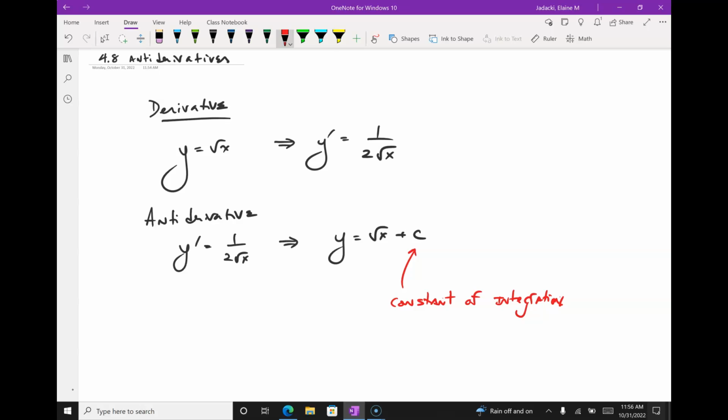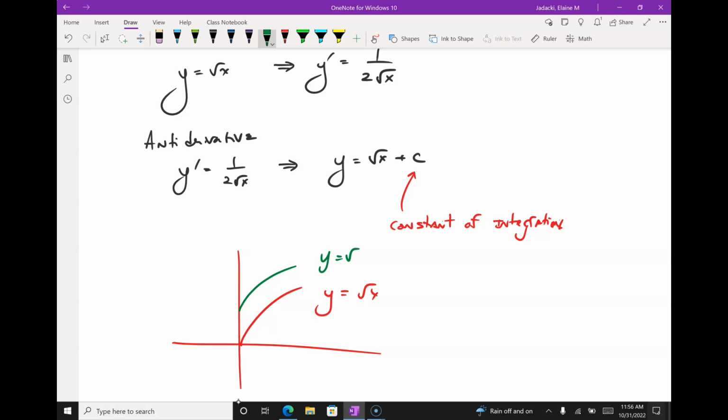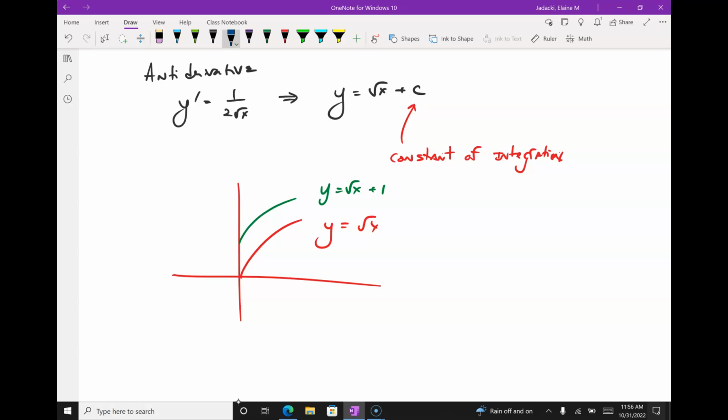So you can kind of see, right, if I have y equals square root of x, y equals square root of x plus 1, y equals square root of x minus 3, right?